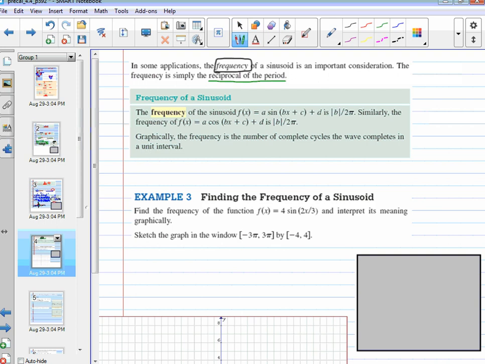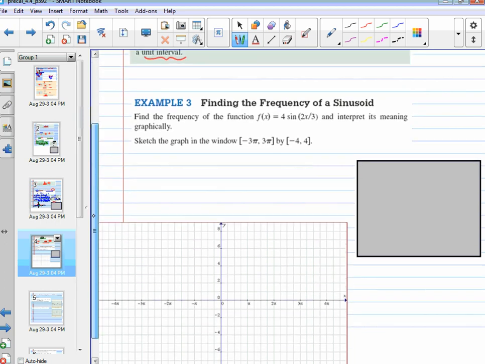So the frequency of a sinusoid, look right there, is that same formula, just reciprocal. Sine and cosine work exactly the same way. And then they say graphically the frequency is the number of cycles it completes in a unit interval, like 2 pi. How many cycles does it do in 2 pi?